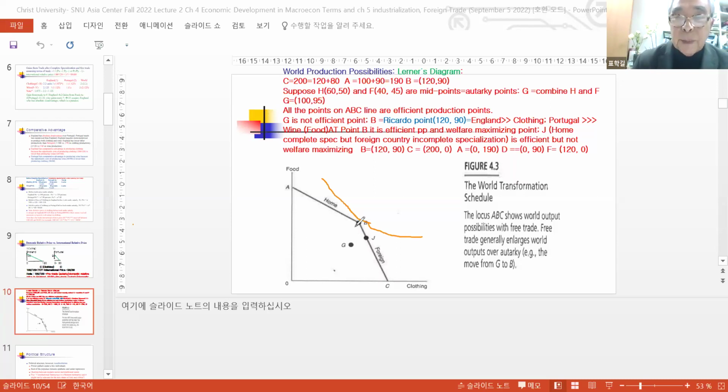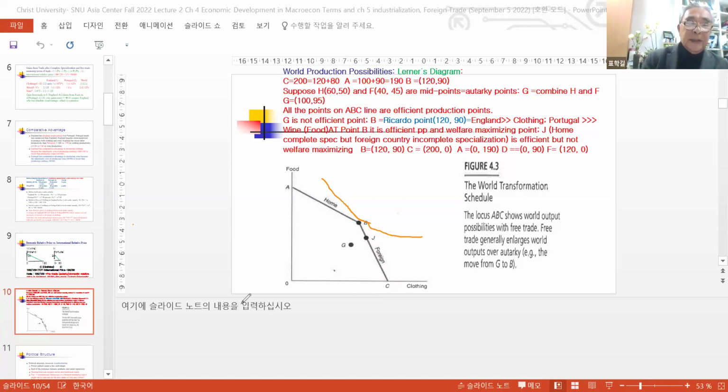This welfare maximizing point can only be achieved by the home country England specializing in clothing production and by the foreign country Portugal specializing in wine production. Okay, point B.